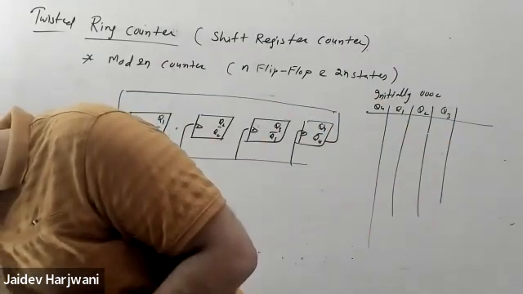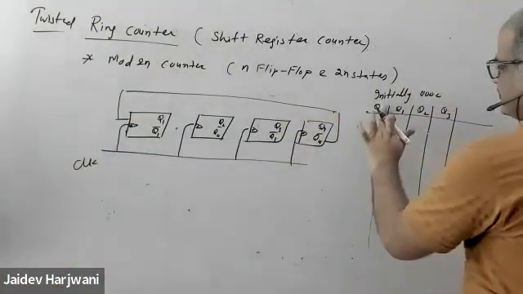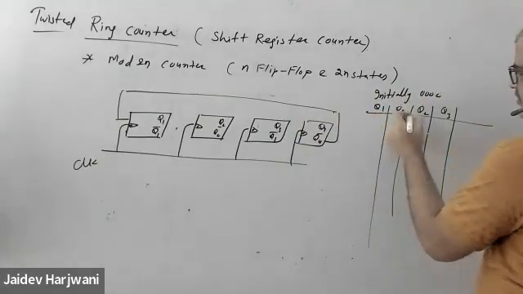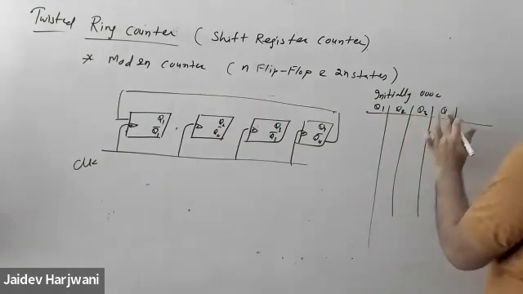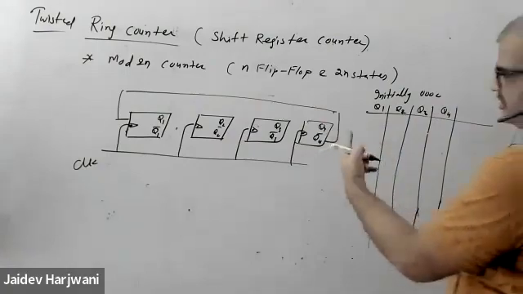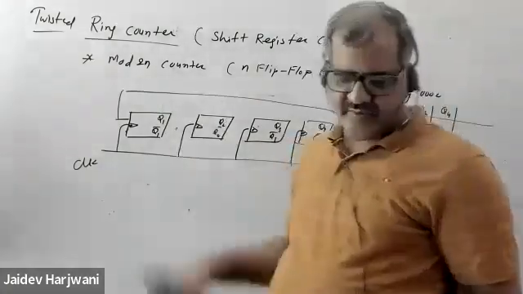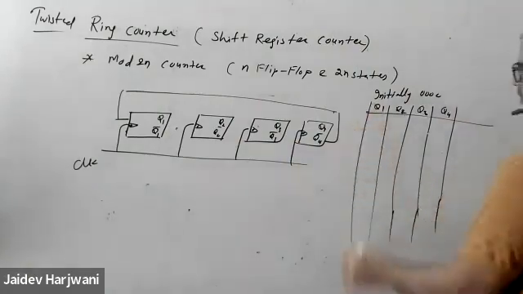I can make the table Q1, Q2 also, just to understand. Here I have not shown which is MSB or LSB. If the question tells you which is MSB, then you would draw accordingly, otherwise I'm drawing it like this. So we have a clock here.